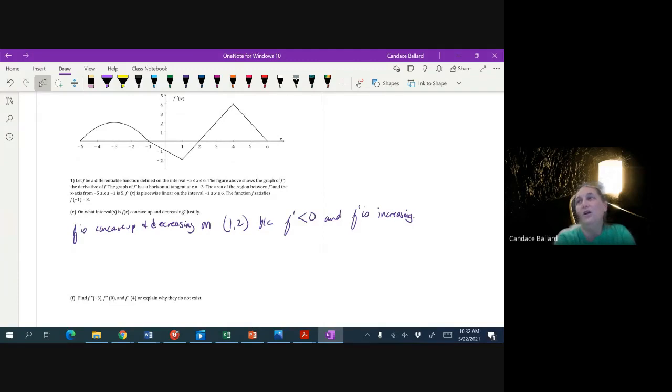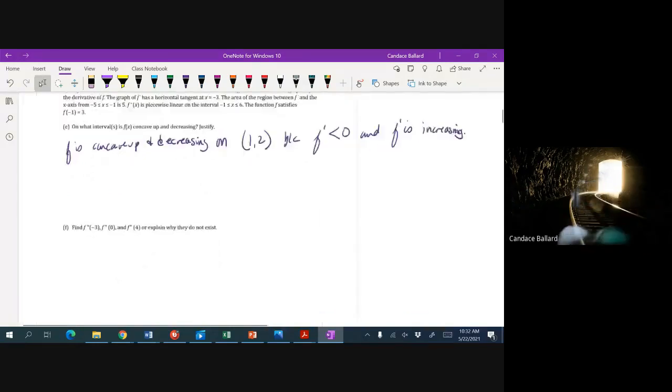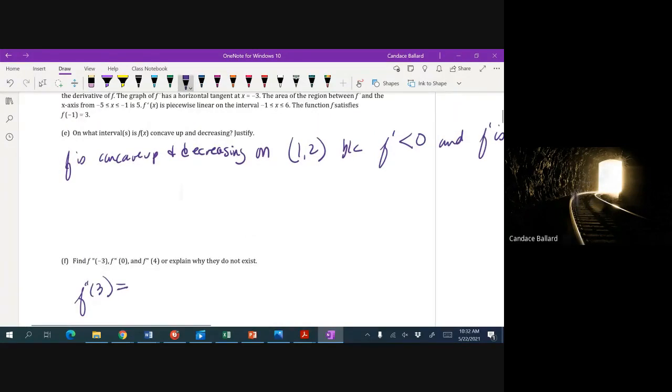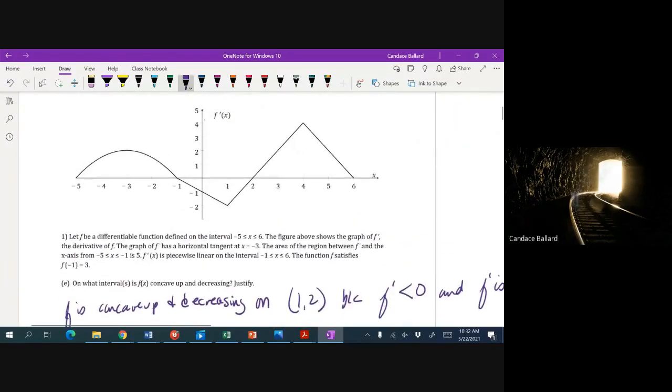All right, I see a whole bunch of slope in the chat. So we're going to find the slope at 3. So let's go to the graph. Oh, interesting. Did they tell us anything about that? Does anybody see anything in the stem of the question that would help me with the slope right there?